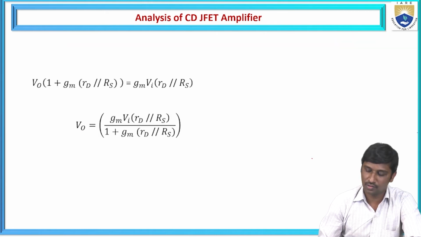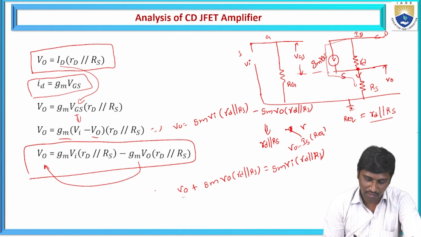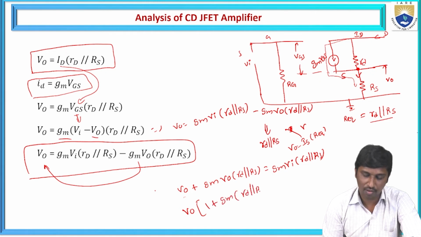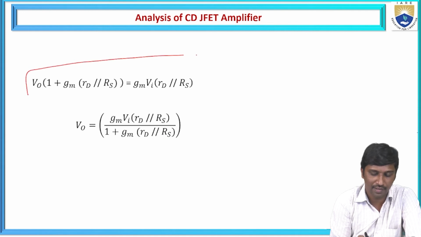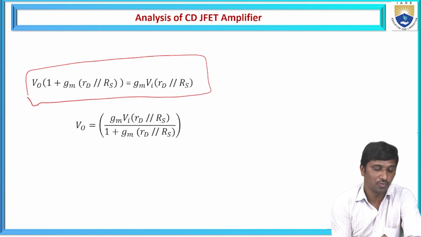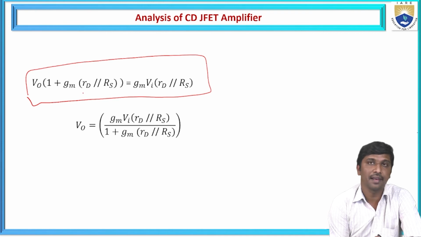If you take V0 as the common term, V0 times 1 plus Gm times RD parallel combination with RS, that is equal to Gm Vi into RD parallel combination with RS. Hence the same expression is represented when we simplify this relation.